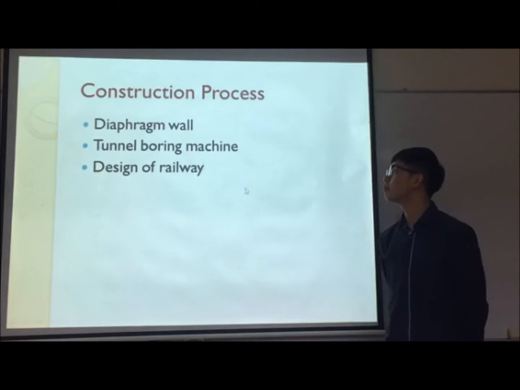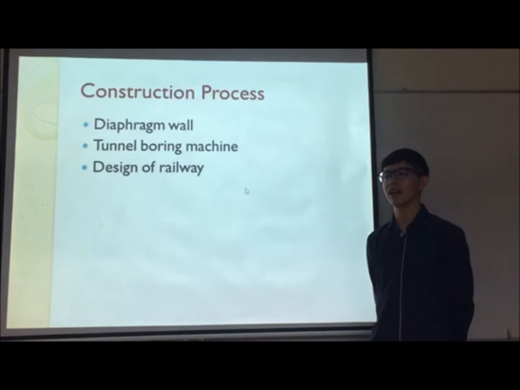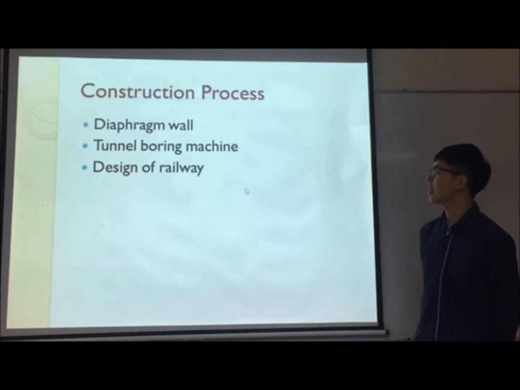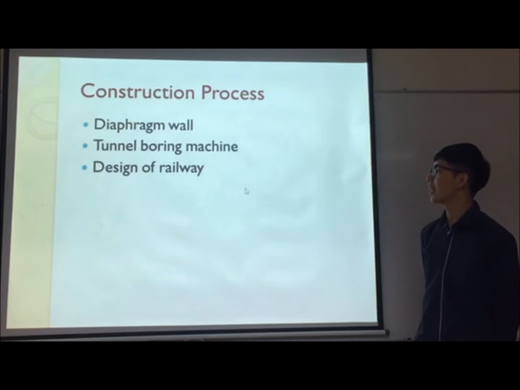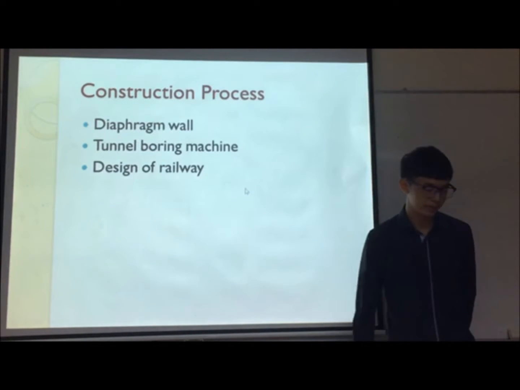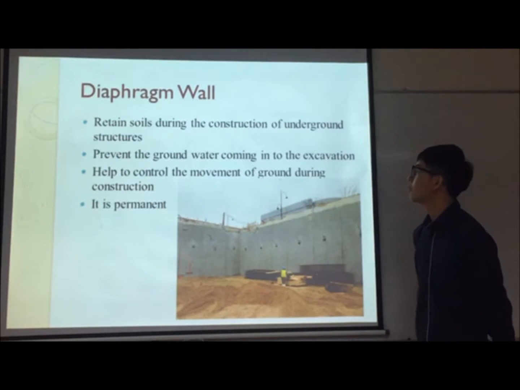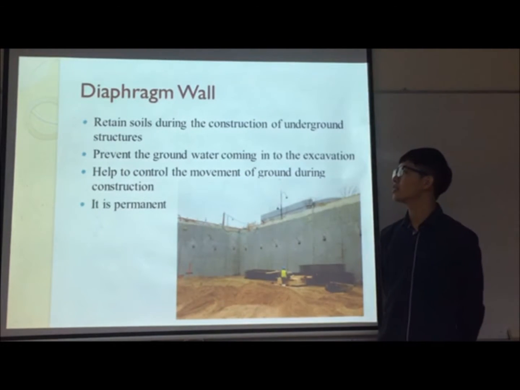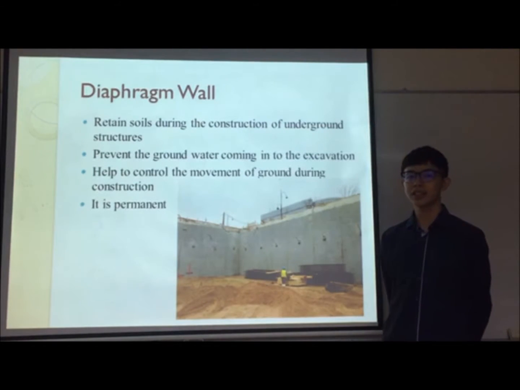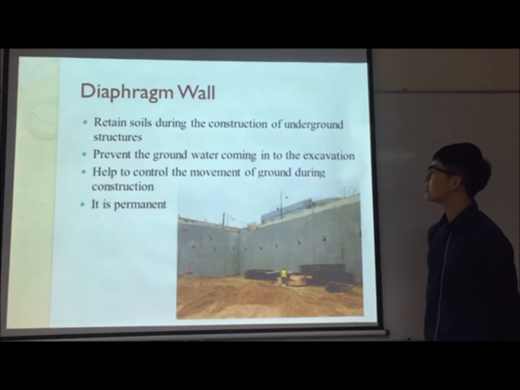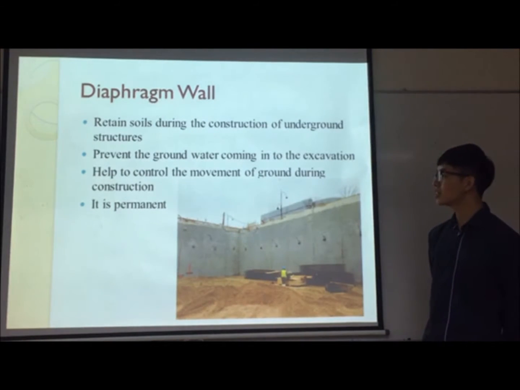There are three processes of constructing the underground railway: the diaphragm wall, the tunnel boring machine, and the design of the railway. The diaphragm wall is to retain soil during the construction of the underground structure and to prevent the groundwater from coming into the excavation.